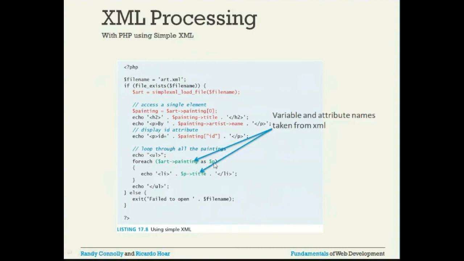With $p, it points to the first element, and we are displaying the title here, $p->title, and then it goes to the next element. Again, next painting, it lists the title and so on. All three values will be displayed. This is how we can access and process XML using PHP code.